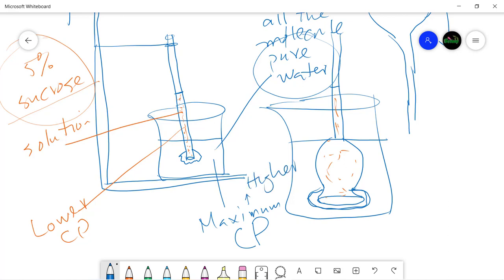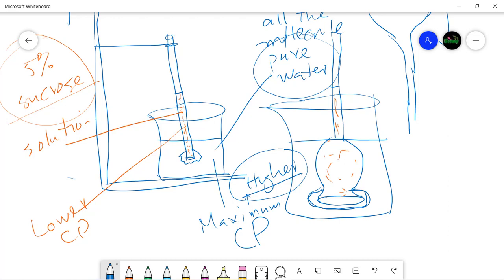Now that we have seen where the region of higher concentration and the region of lower concentration are, I repeat again: in the beaker we have a higher chemical potential, higher concentration of water molecules, or higher free energy. But in the solution in the tube, the amount of free water molecules is less.